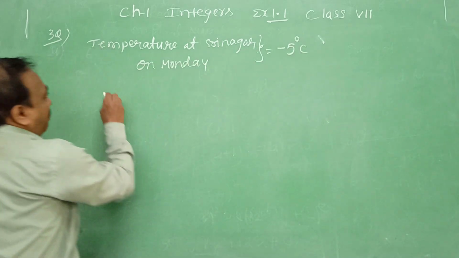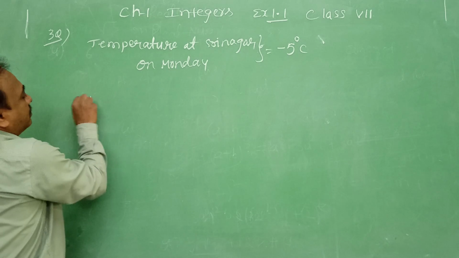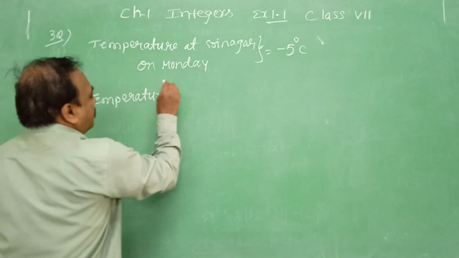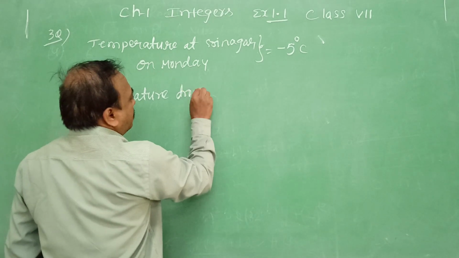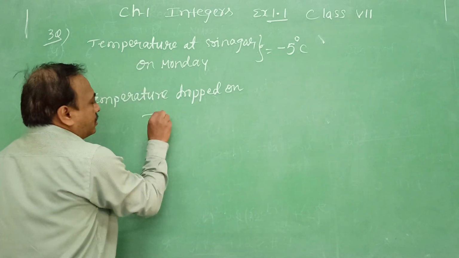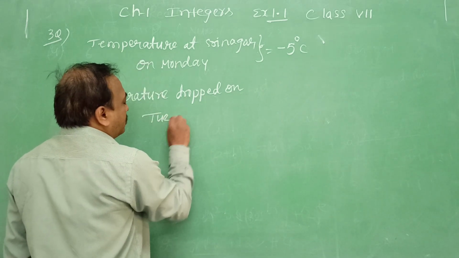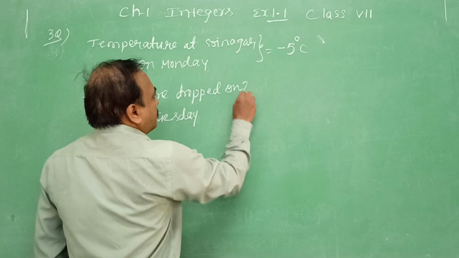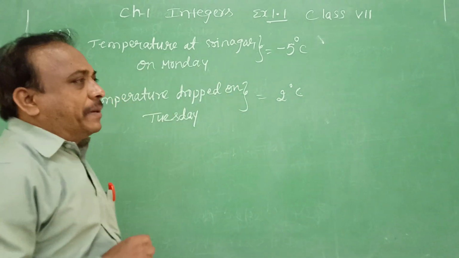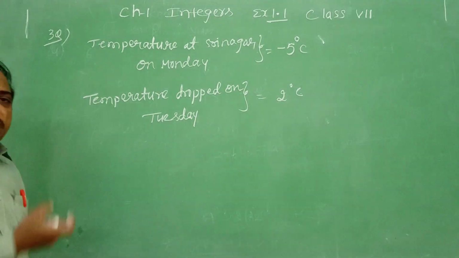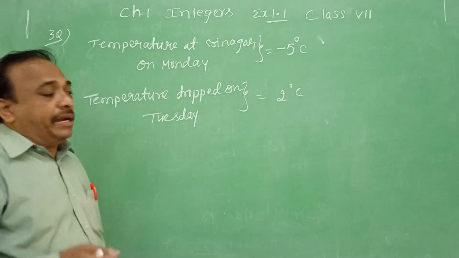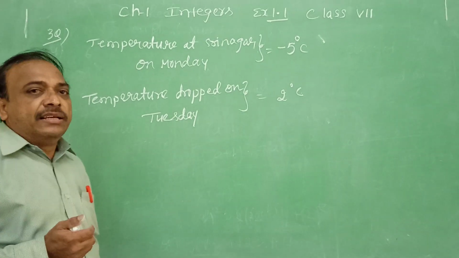Then the temperature dropped on Tuesday by 2 degrees Celsius. When the temperature drops, which sign do we represent it with? With minus. So it dropped 2 degrees Celsius.